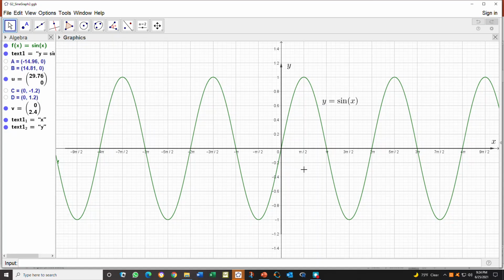In the first quadrant is sine positive? Yep, it is. Now, would you agree that all these y values from x equals 0 to x equals pi half happen to be positive? Yes. Are they increasing? Is it true that the sine values increase as we go from 0 to pi half?